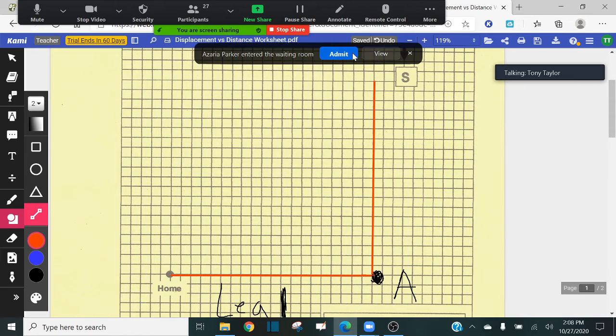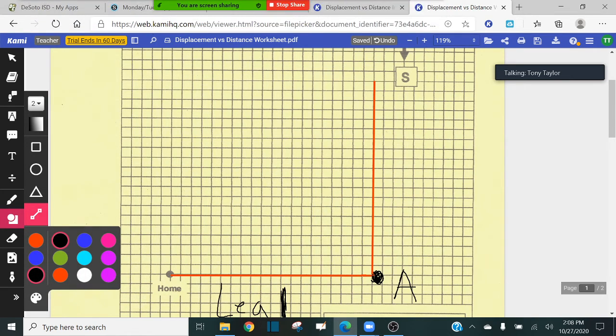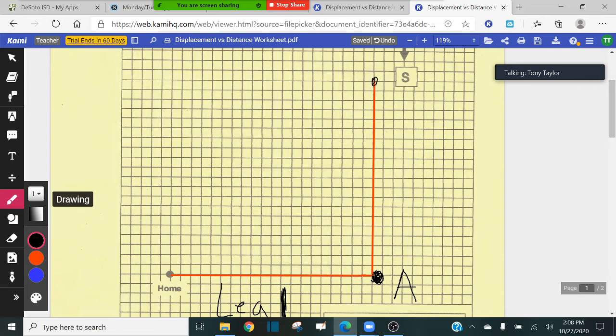Okay, there we go. So we're going to mark this point B. And this right here represents leg 2 of our journey.